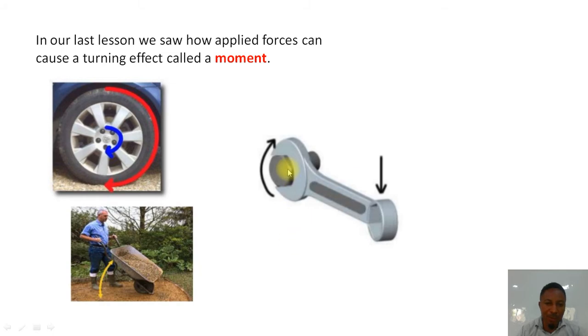In that way you'll be able to loosen this knot. A clockwise turning effect. Can you see it? An arrow showing clockwise turning effect. This is because it's moving in a clockwise direction, right?